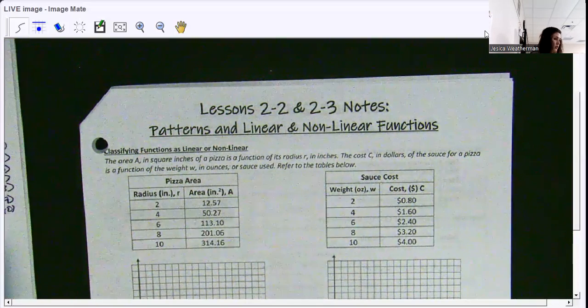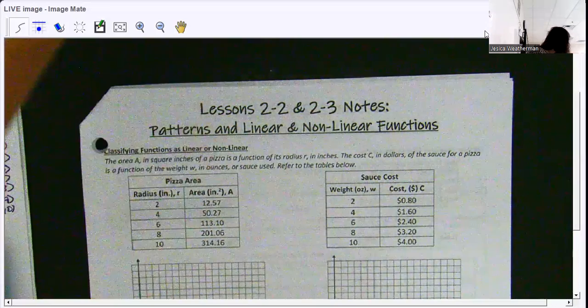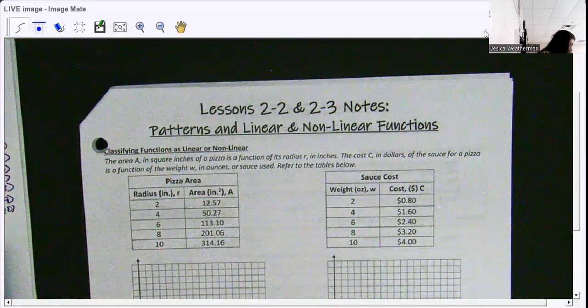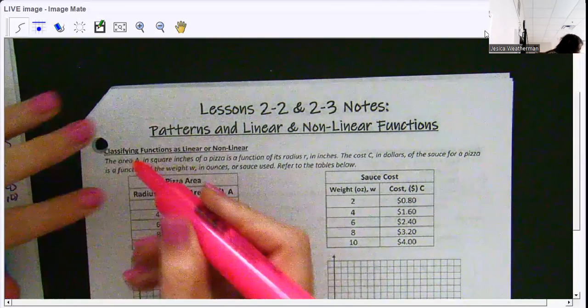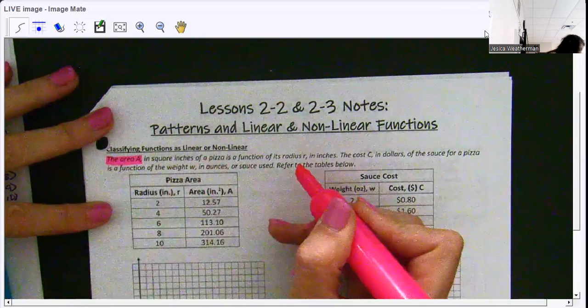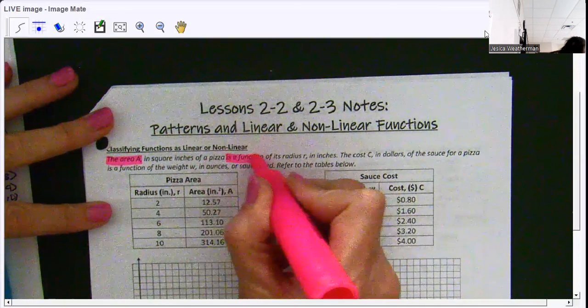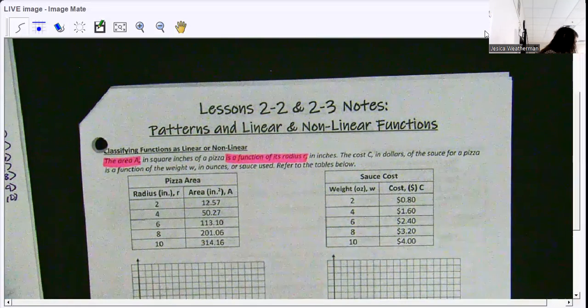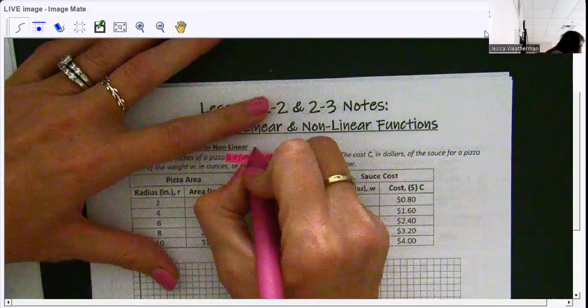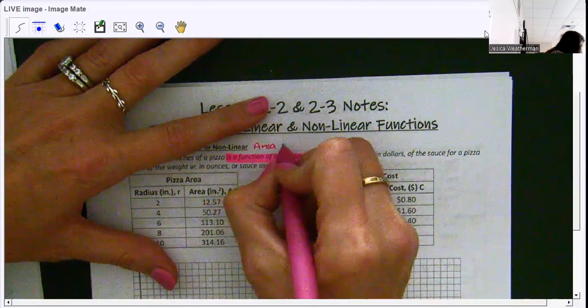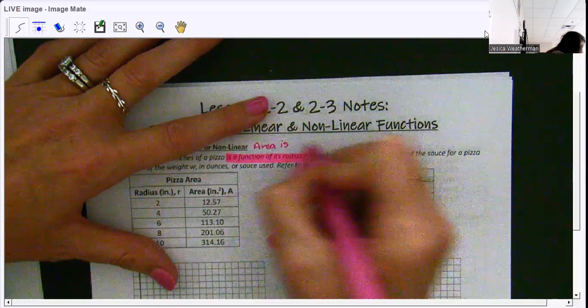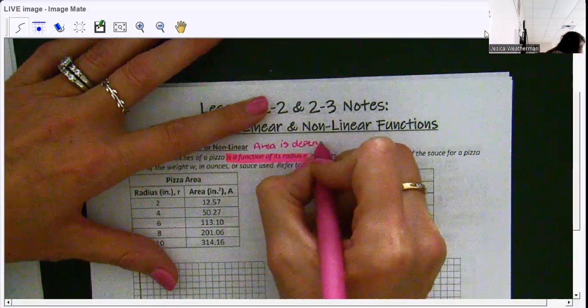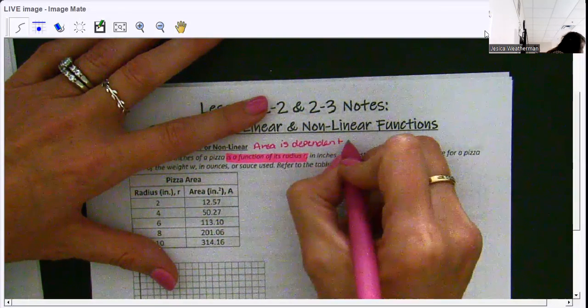What I want you to notice on here is that this is saying that the area in square inches of a pizza is a function of the radius. So when it says that the area is a function of the radius, that is telling us that the area is dependent on the radius.